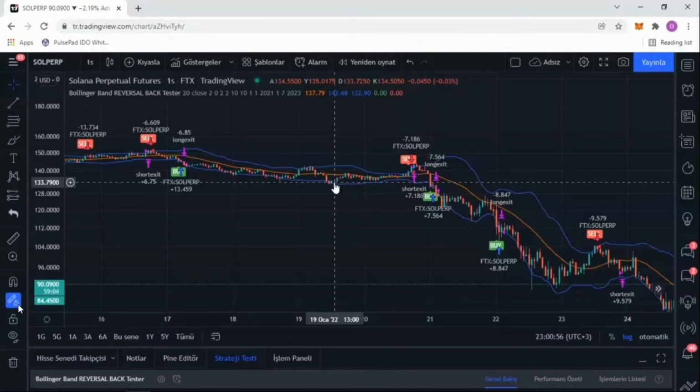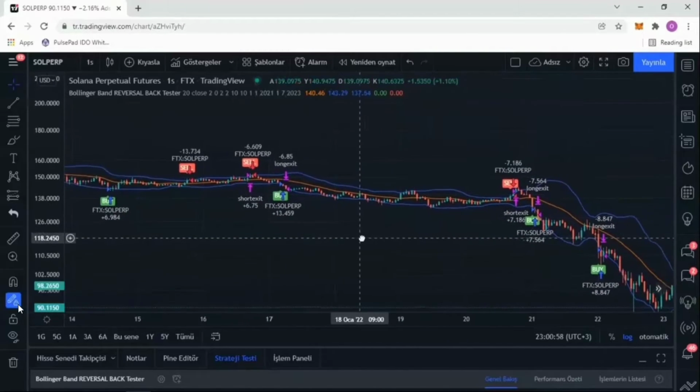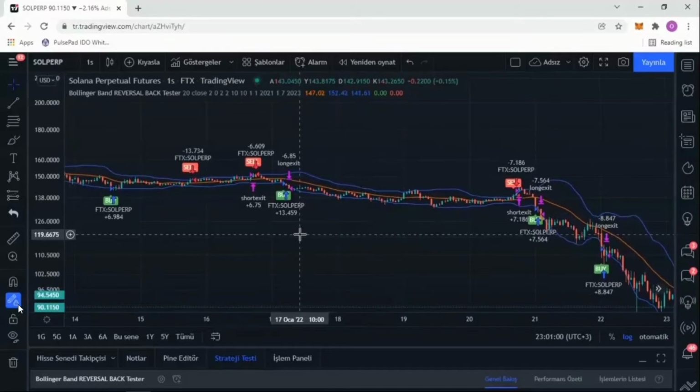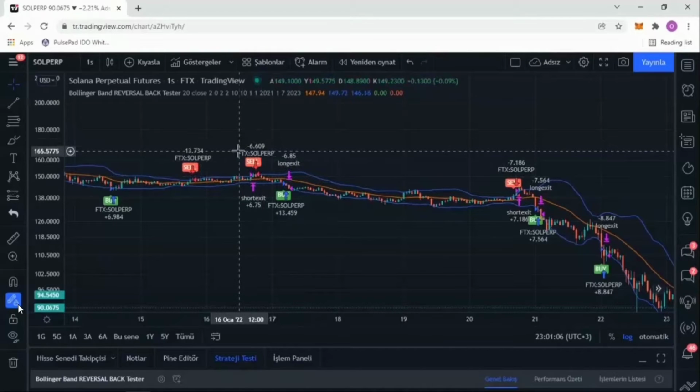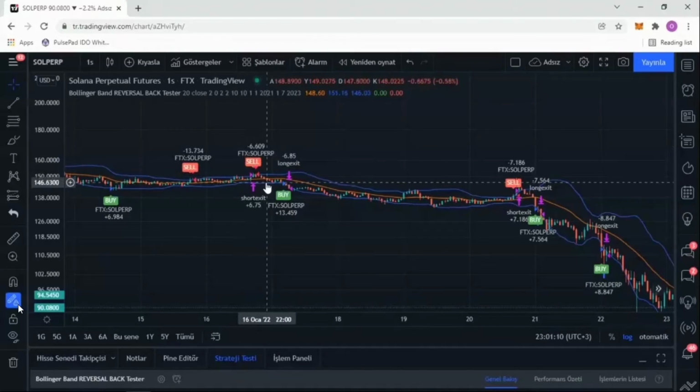When it gives us a signal, let's check this sell signal here. For the next signal, it waits for the price to move to the other side of the center line, which we call price normalization.